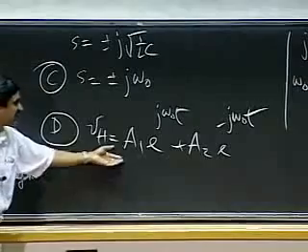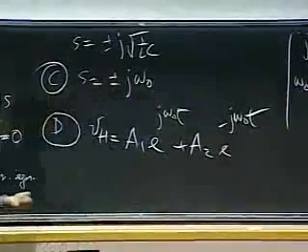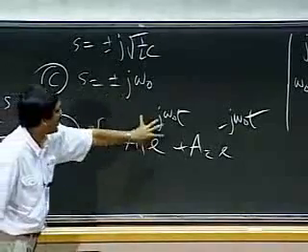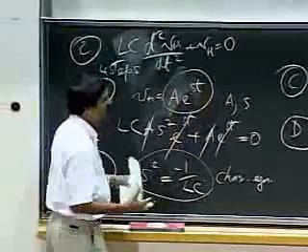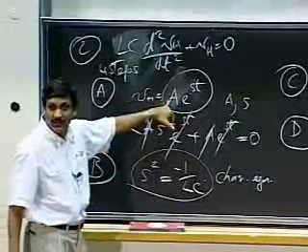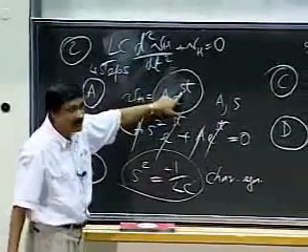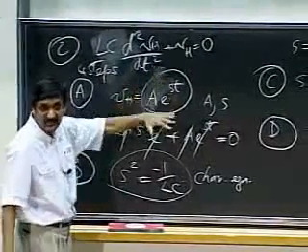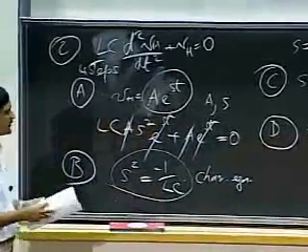Some constant times the solution plus some other constant times the other solution. Remember, it comes from here, e to the st. I assume the solution of this form. So my solution in this most general case would be S being j omega naught in one case, minus j omega naught in the other case, and I sum the two to get the most general solution.